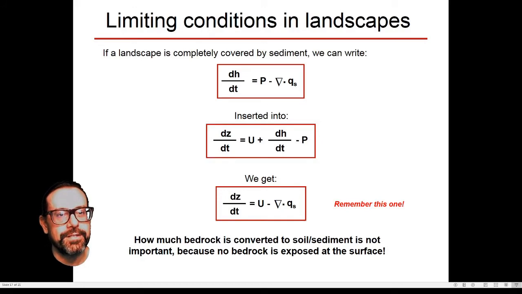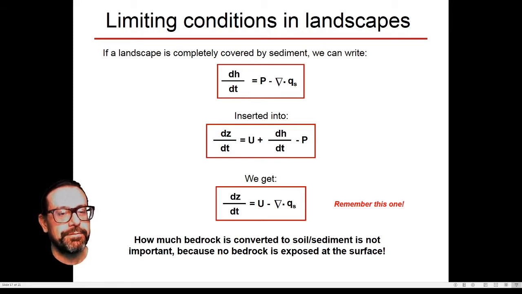Now that we understand something about sediment flux divergence, we can write limiting conditions for different types of landscapes. And so if a landscape is completely covered by sediment, we can write an expression that tells us that the change in soil thickness with respect to time is equal to the soil production rate minus sediment flux divergence.